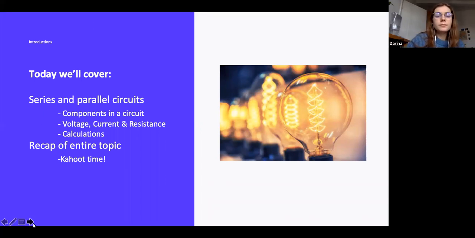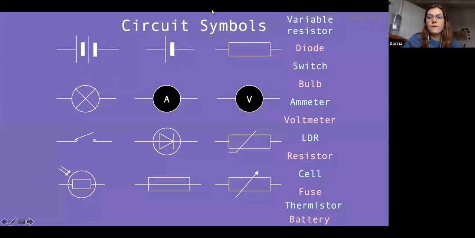Right, so let's jump straight into a little revision of circuits, how they work, the equations that we already looked at in our first lesson, and the naming of the components. First things first, we've got our circuit symbols. Starting off with the first one, what do you think that is? If you could just type in the chat what you think that first circuit symbol is, and then we'll do the same for all of them.